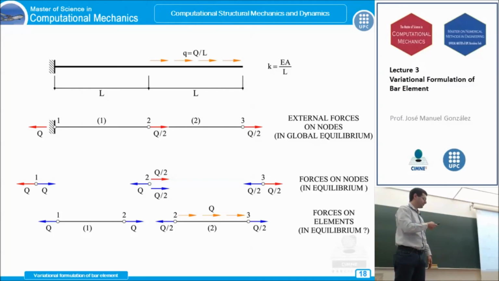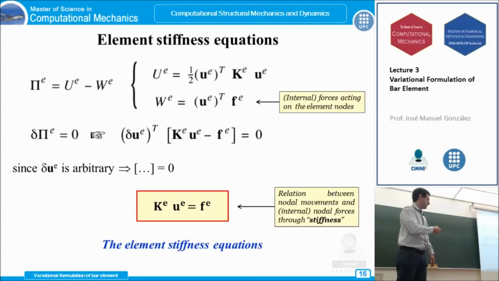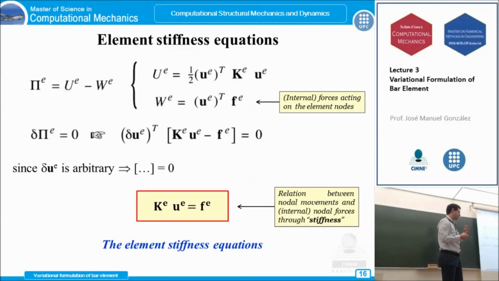Okay? But anyway, the important thing is that we have a variational formulation, a variational method using this total potential energy principle to get a stiffness relation between these nodal displacements and these nodal vector forces expressed in the nodes in the discrete problem.